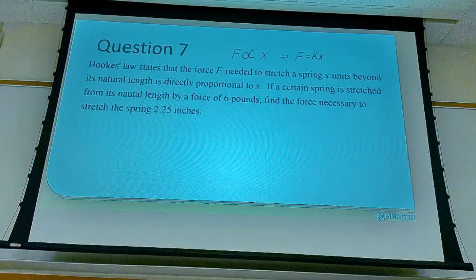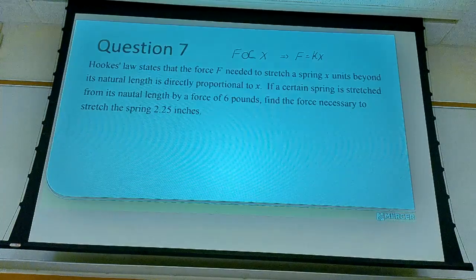It's just a constant of proportionality, but for springs we call it the spring constant. Every spring has its own unique constant. You unfortunately can't discover what that constant is without experimentation. But they did the experiment for us.